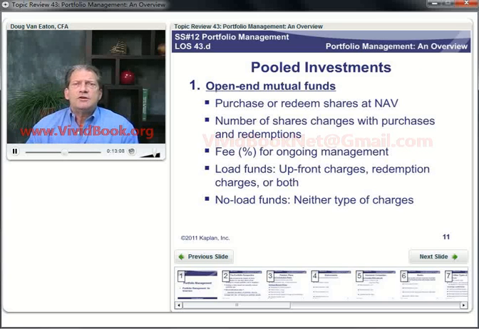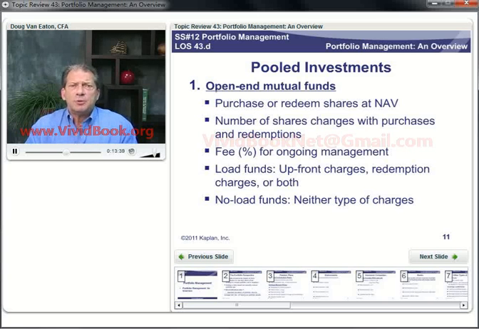And when you decide that you want to liquidate your position, you redeem those shares also with the fund management company. So the number of shares in the open-end mutual fund changes with purchases and redemptions. If more money comes in than redemption, it grows. If there's more redemptions than new purchases, then the pool will get smaller. And that's why we call this open-end, because funds can flow into the fund or flow out of the fund.